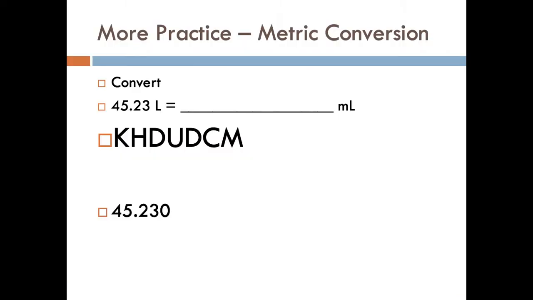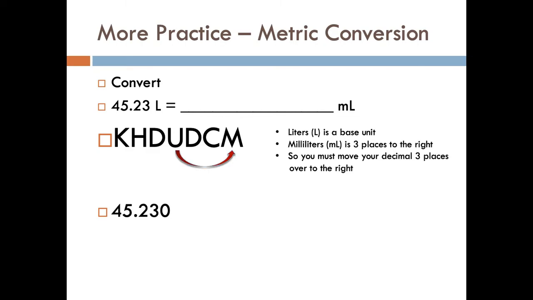So here's a little more practice with metric conversion. In this problem, we want to convert 45.23 liters to milliliters. So this is different than scientific notation. This is metric conversion. We're going from liters, which is a base unit, to milliliters, which is a smaller unit. So by looking at the mnemonic, King Henry doesn't usually drink chocolate milk, the base units are the U. The milliliters are the M. To go from U to M, you have to move the decimal point 3 places to the right.